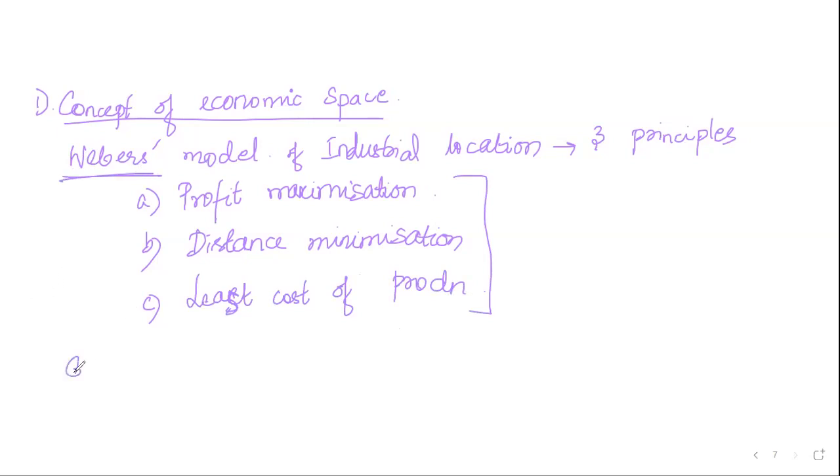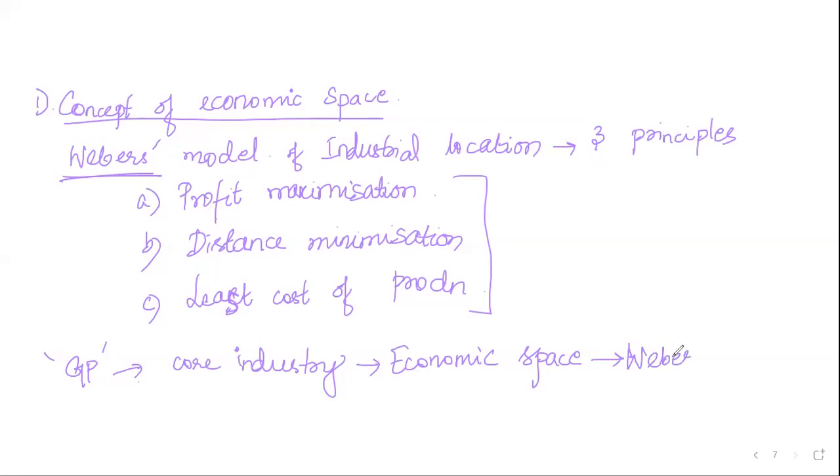Even when I am designing my growth pole, which is basically nothing but a core industry to drive the economic growth of a particular country, I will be taking into account the concept of economic space, which is again following Weber's 3 principles.